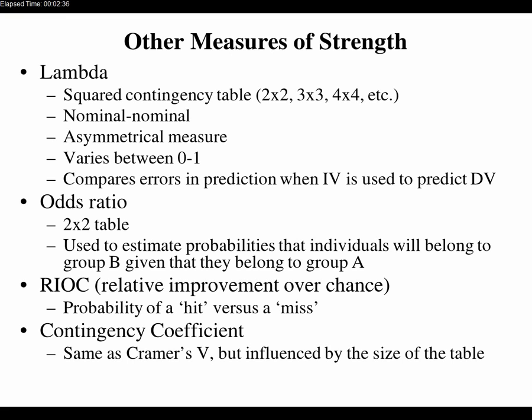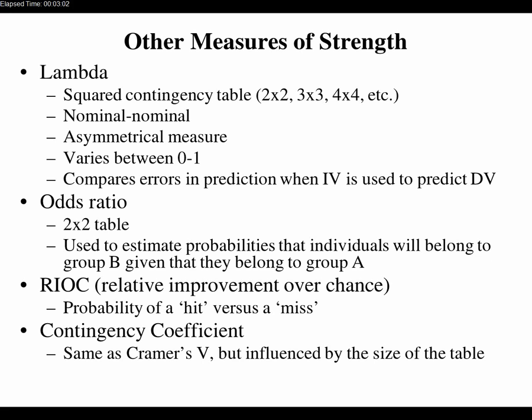Okay, the odds ratio is something different, that as we go on, we're also going to be using the odds ratio in logistic regression. It's another form of relationships. But it's for 2 by 2, so use that in a 2 by 2 table, and it's used to estimate probabilities that individuals will belong to group B given that they belong to group A. Okay, so they're not mutually exclusive.